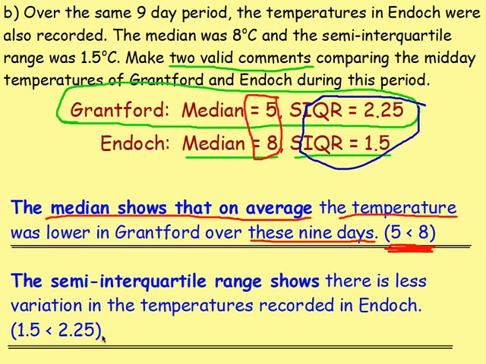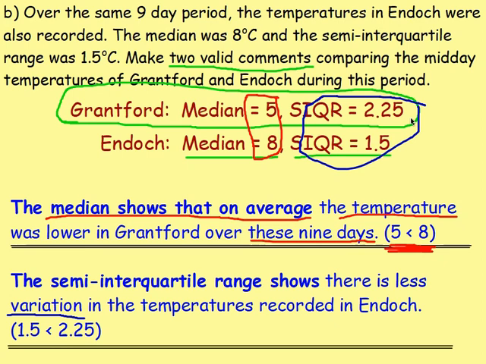That is what you'll be writing down. And similarly above, make sure you say which one it is that you're using. Well, you're using the semi-interquartile range, and you're using that to show the variation. And again, link it back to the question. It's talking about the temperatures recorded in these places. So, semi-interquartile range shows there's less variation in the temperatures recorded in Endach, because 1.5 is less than 2.25.